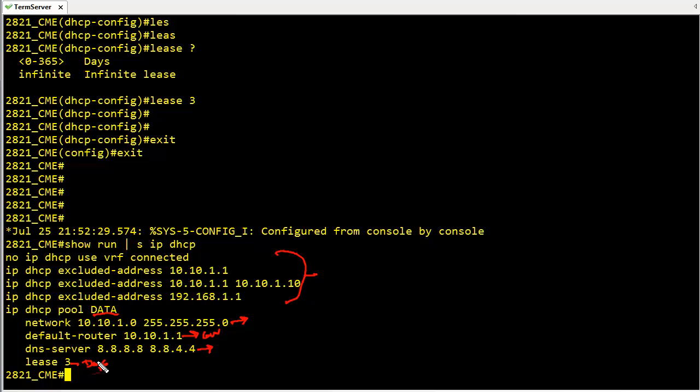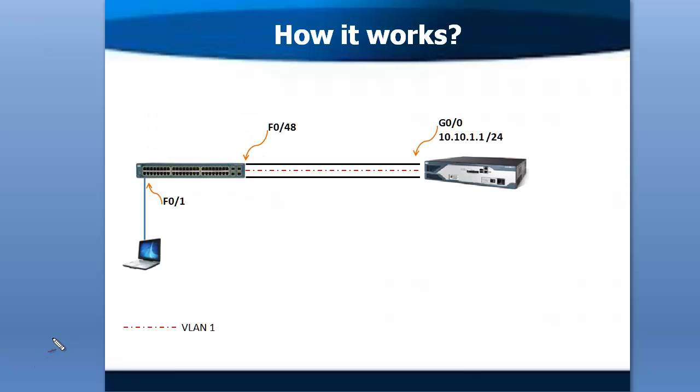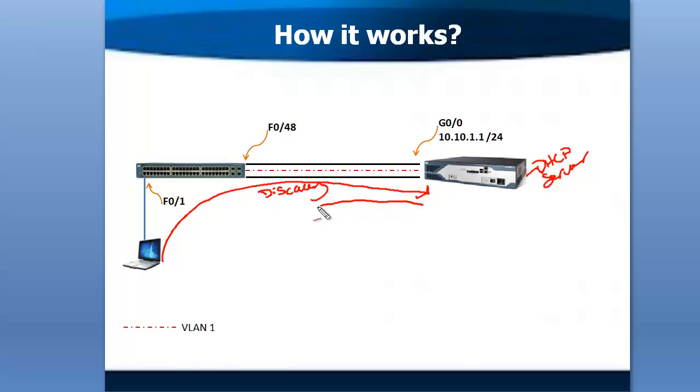So when I plug my computer in, this is what's going to happen. As soon as I plug it in, it knows it doesn't have an IP address, so it's immediately going to send out that broadcast of all Fs to UDP port 67. Being that this router is our DHCP server, it's listening for that, and when it gets that discovery packet, it's going to respond back with an offer.